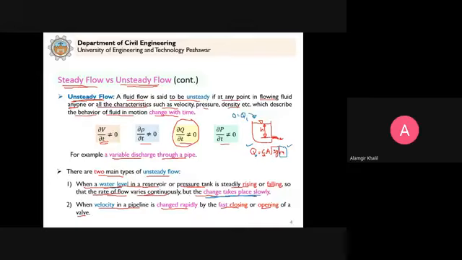So these are the two main types of unsteady flow problems. In the first case, the example is the water level rising or falling in a tank, so the change takes place slowly. And when we have fast closing or opening of a valve, the changes take place rapidly.